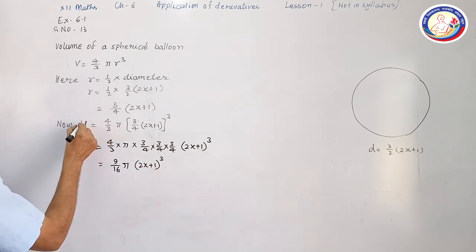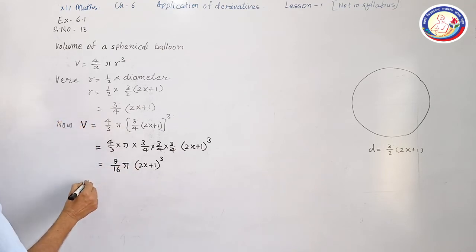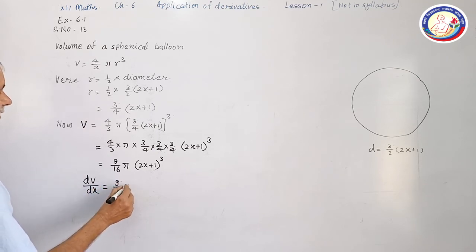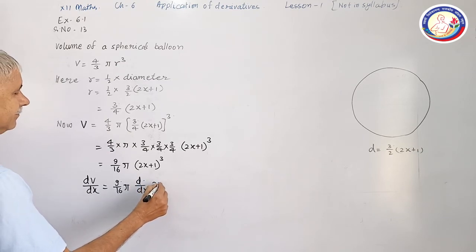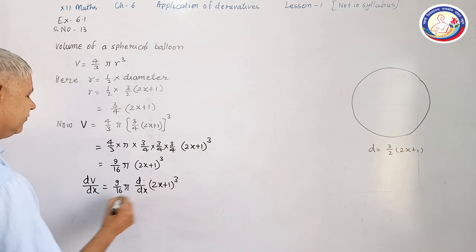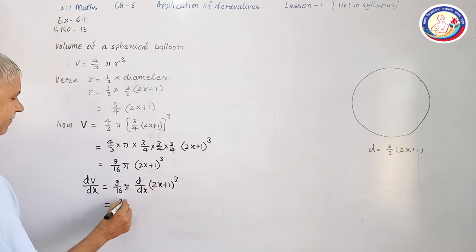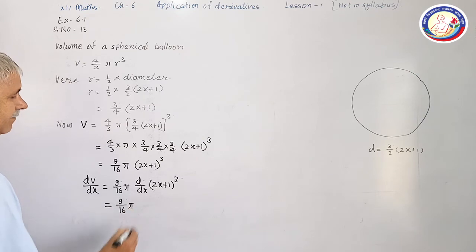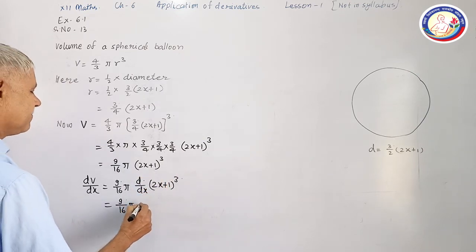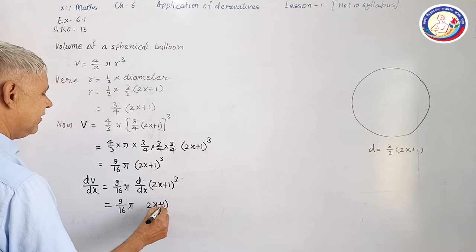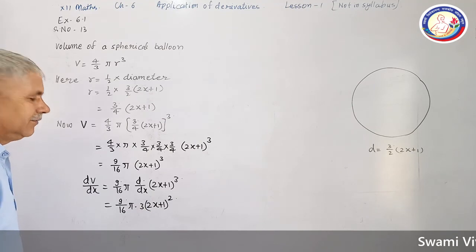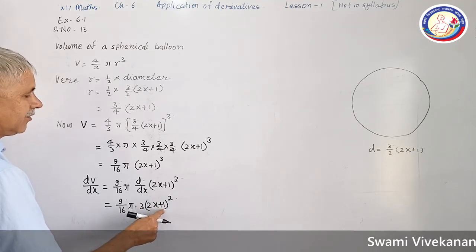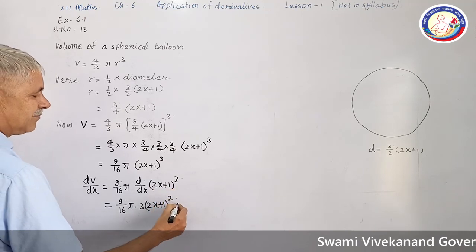Now we can find the derivative easily here. dV by dx: 9 by 16 into pi is constant, and so the derivative of this, and whole cube. Using function of function, 9 by 16 pi, the derivative of this will be 2x plus 1 raised to power 3. So the power will be 2 here, and this will be 3 into 2x plus 1 whole square. Now the derivative of 2x plus 1 with respect to x.